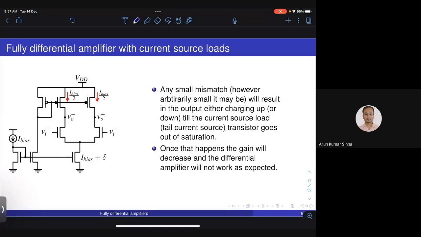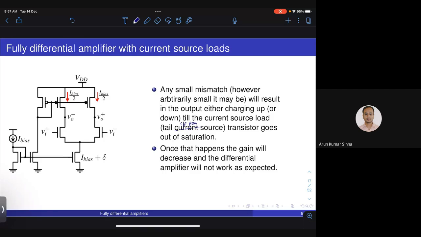Any small mismatch, however arbitrarily small, will result in the output either charging up till the current source load goes out of saturation, or charging down until the input pair goes out of saturation. Once that happens, the gain will decrease and the differential amplifier will not work as expected.